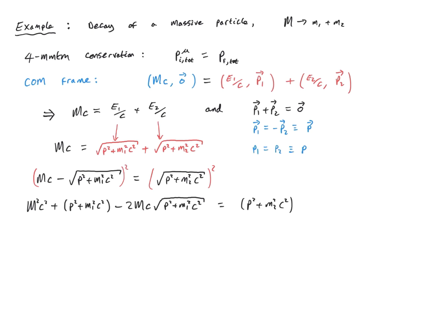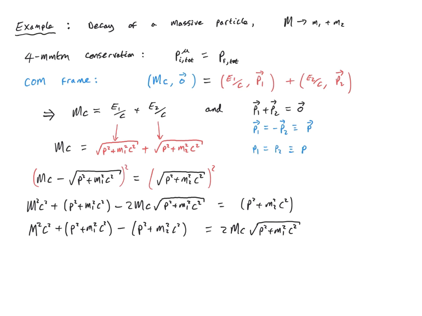But you see, when I do that, I still have this remaining square root here, so I play the same game. I'm going to put this onto one side of the equation and square it. So I've moved over this piece to this side and this piece to this side, and before I continue, I can make some cancellations. Here I have a plus p squared, here I have a minus p squared. They can be cancelled, and then I can factorise this piece and this piece with a common factor of c squared.